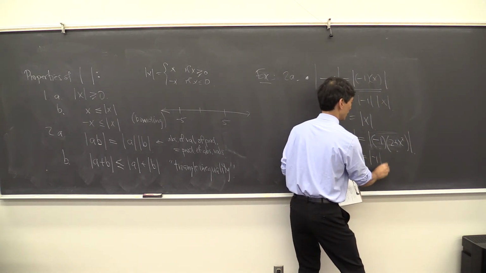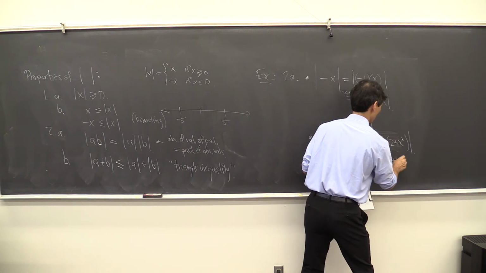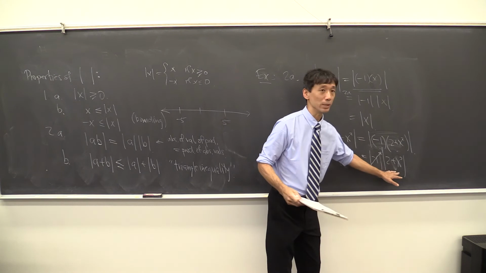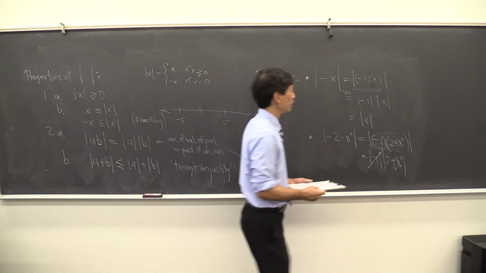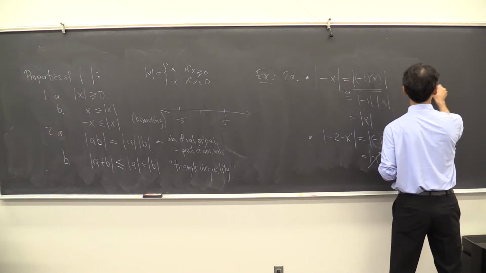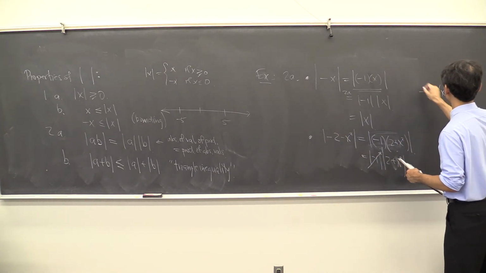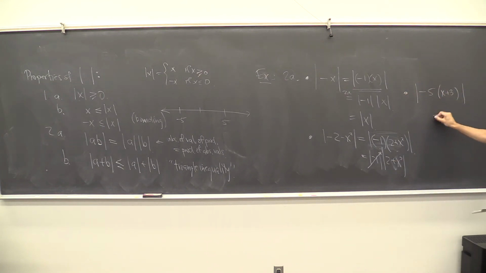And so I get the absolute value of -1 times the absolute value of 2 plus x squared, right? But this thing turns into 1, so I'm just left with this. Okay. So you can pull out constants, right? Like if I've got -5 times x plus 3, but that's just going to be 5 times the absolute value of x plus 3.